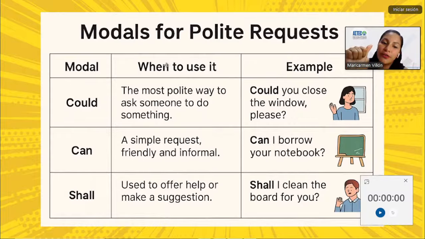Dice, use to offer help or make a suggestion. Dice, este es usado para ofrecer ayuda o para hacer alguna sugerencia. En la semana pasada dijimos que, bueno, sí, se utiliza el should, es súper formal, casi no se utiliza en el inglés americano, más en inglés británico.